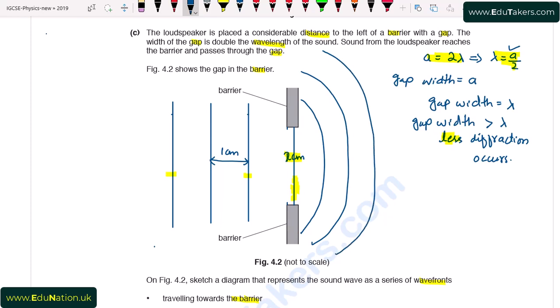So these are the wavefronts when they pass through the barrier, and we have to know that this wavelength will be equal to 1 centimeter, because the distance between 2 wavefronts is equal to wavelength, and in our case it is 1 centimeter. And we can see from here that there is very small diffraction. The reason is that the gap width is greater than the wavelength.